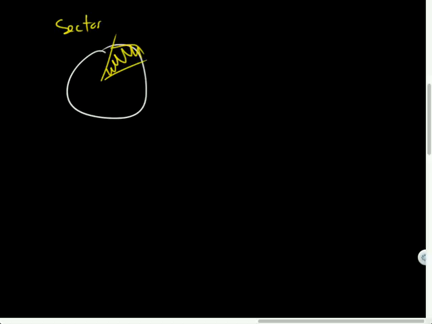And there's a proportion you may have learned in the past that said that the area of the sector over the area of the whole circle would equal the arc length, or sometimes we did it in terms of degrees, over the arc length around a whole circle. What's the distance around a whole circle? Circumference, or 2 pi. Exactly.